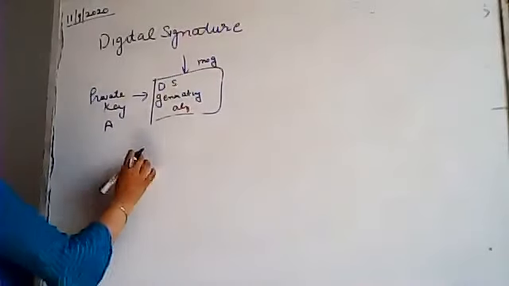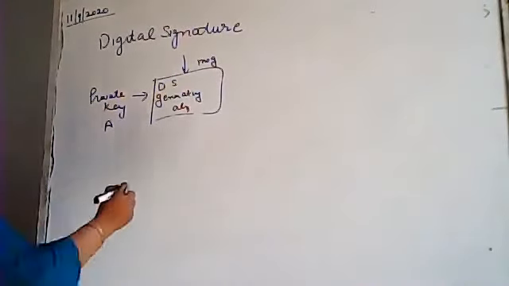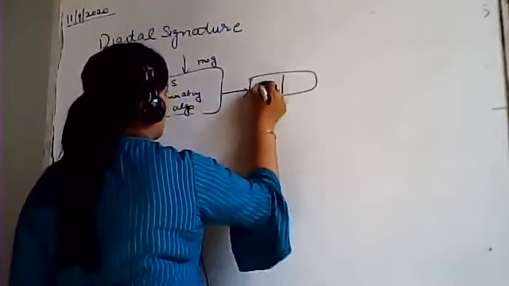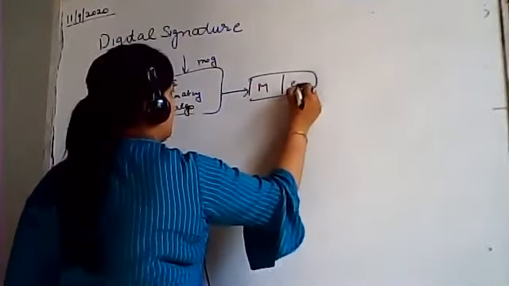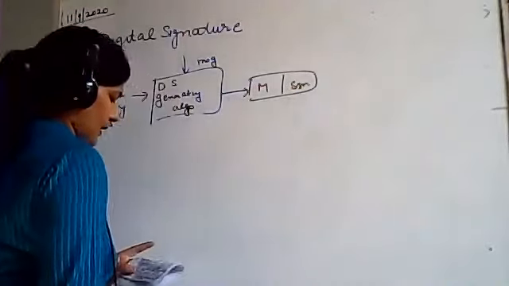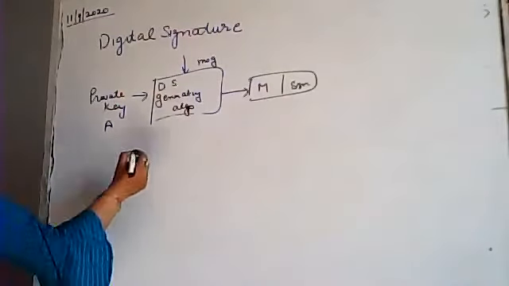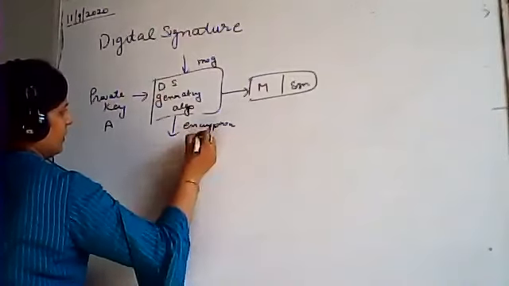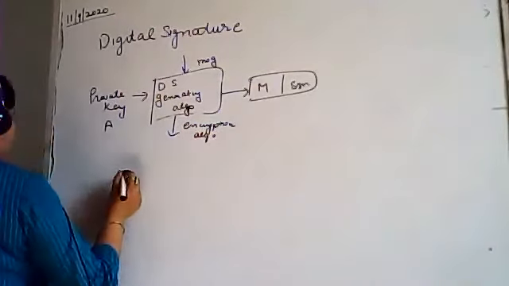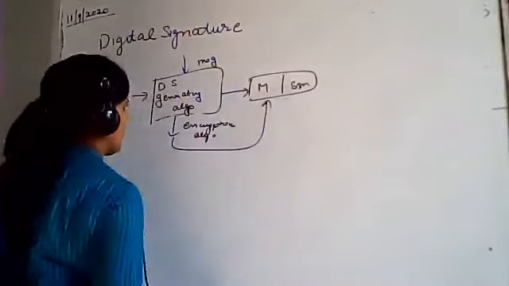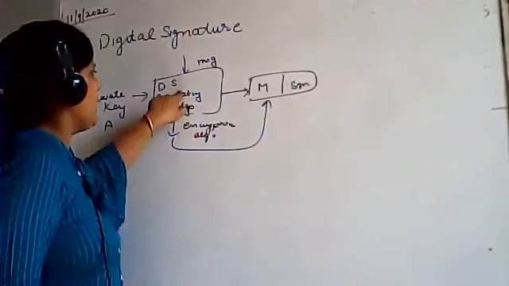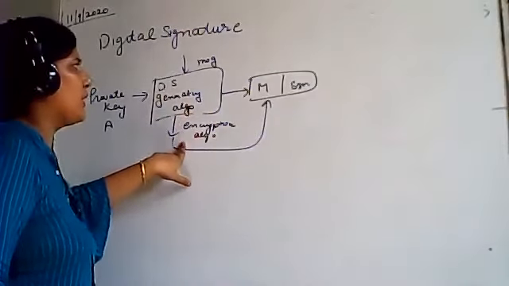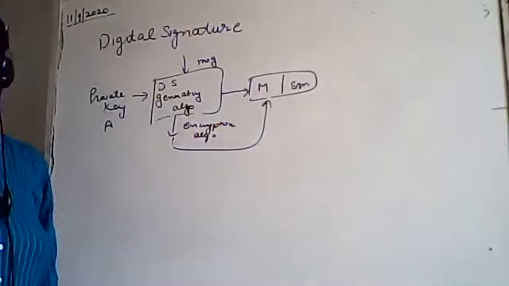What this digital signature generating algorithm will do is convert that message with a signature. So we have the message plus the signature part. Then we have an encryption algorithm that will generate that message with this sign. So we have a sign from the digital signature generating algorithm, and also an encryption algorithm that will convert that particular message. Clear?